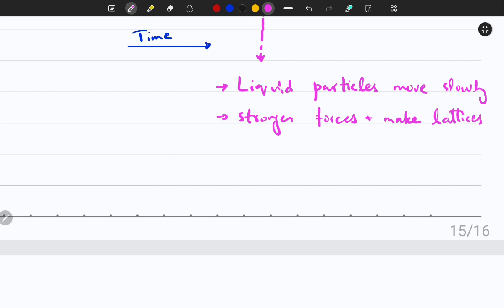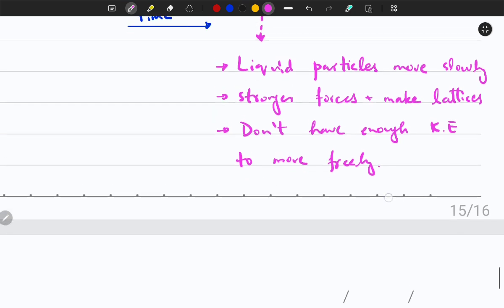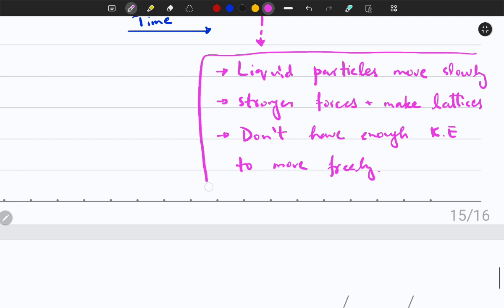Because the particles don't have enough kinetic energy to move freely, they would settle down and form a regular arrangement. Okay? So they would make a lattice.